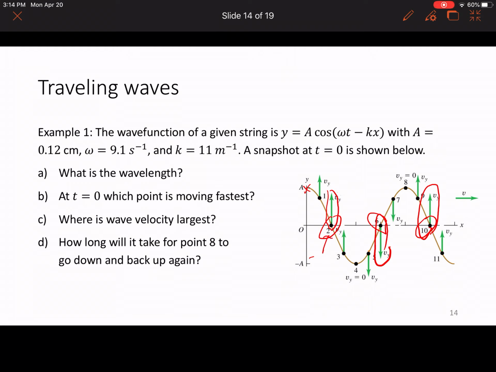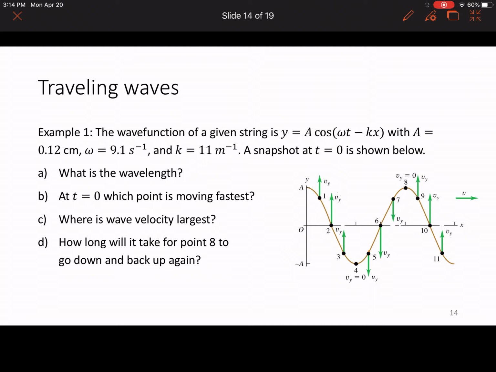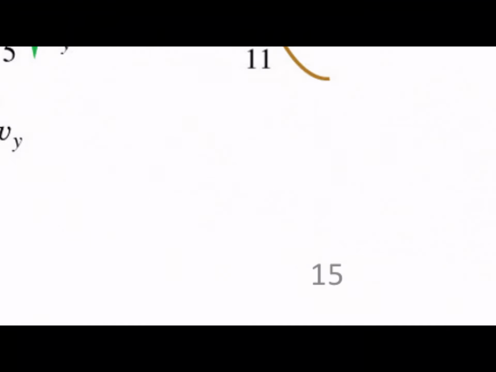Here the phase is pi over 2 radians, 3 pi over 2 radians, and so on. And that's why those velocities are fastest at those points. All right? So the velocity is maximal when y is equal to 0, just like the simple harmonic oscillator. It's going fastest when it is going through that equilibrium point y equals 0.